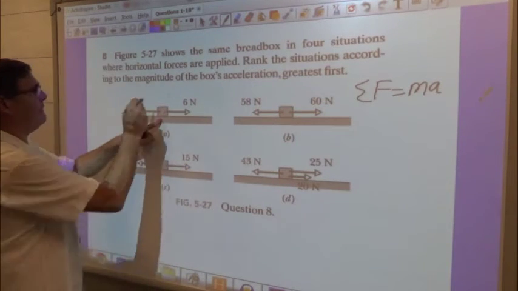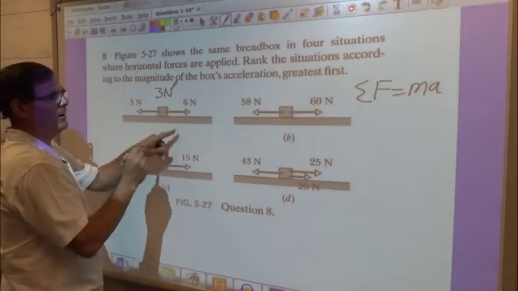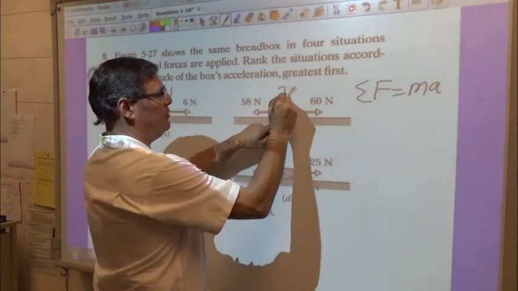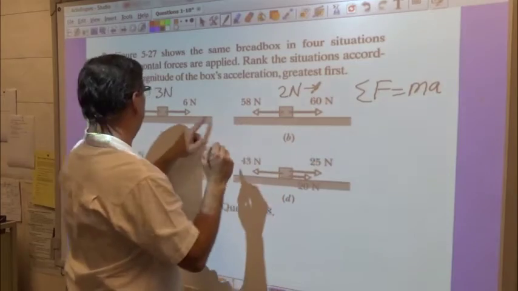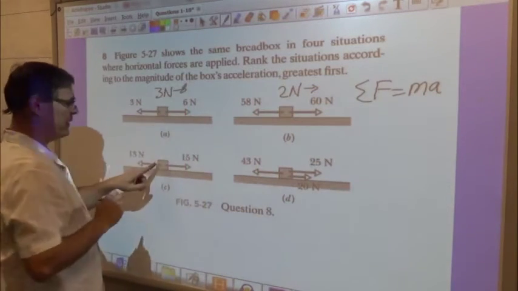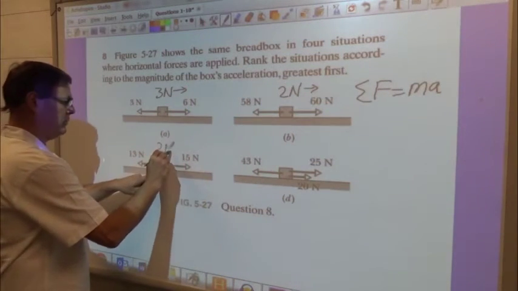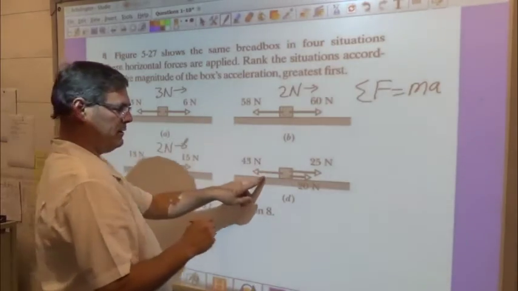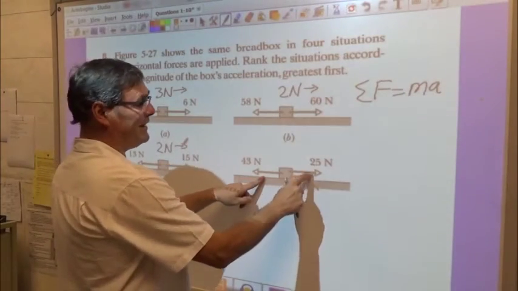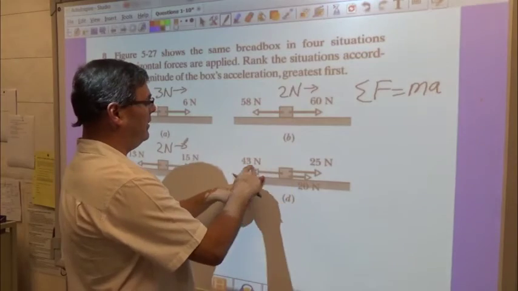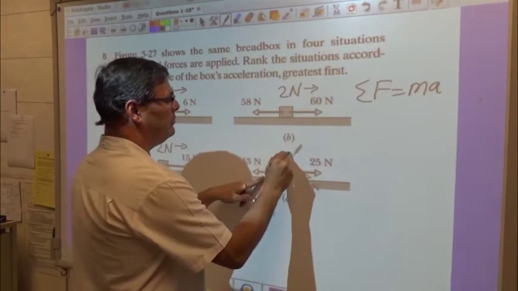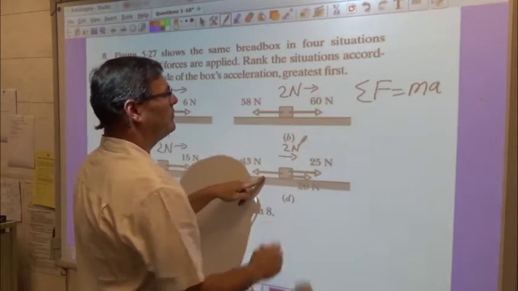So here the net force is 3 newtons. Here the net force is 2 newtons to the right, 3 newtons to the right, 2 newtons to the right, and here 20 and 25 together is 45 newtons, 43 to the left, so it's 2 newtons to the right.